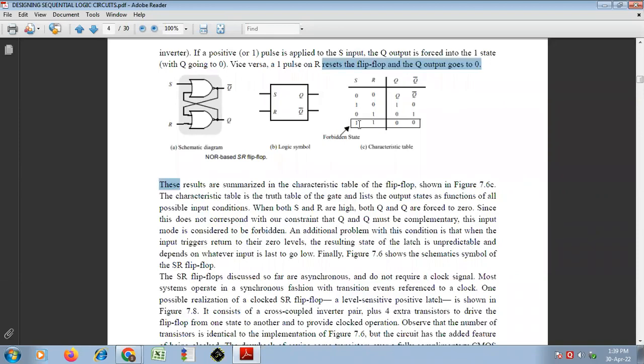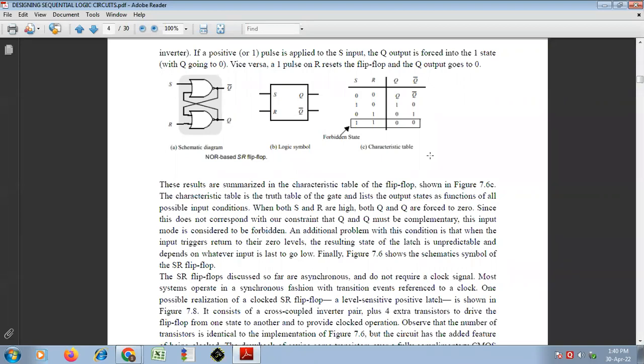These results are summarized in a characteristics table of this flip flop. This table you can have a look at. The characteristics table is a truth table of the gate and lists the output state as a function of all possible input conditions. That means 0 0, 0 1, 1 0 and 1 1. When both S and R are high, both Q and Q bar are forced to 0. That means it's a forbidden state, since it does not correspond with our constraint that Q and Q bar must be complementary.